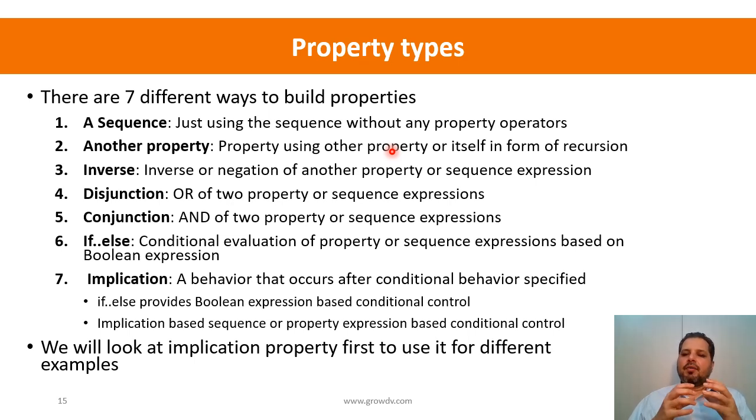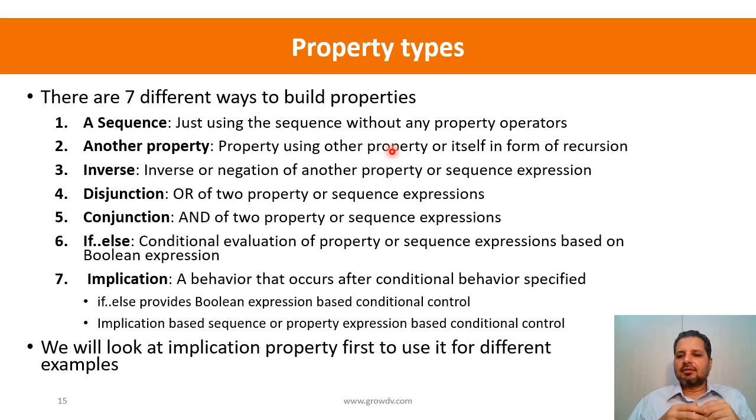Within a property, let's say you have defined another timing behavior using different properties or sequences. Based on a certain condition, you can invoke different timing expressions to be checked. That is something you can do with the if else.